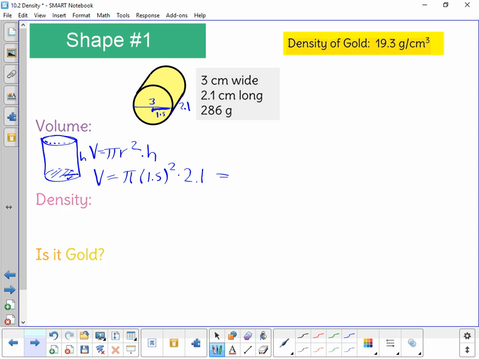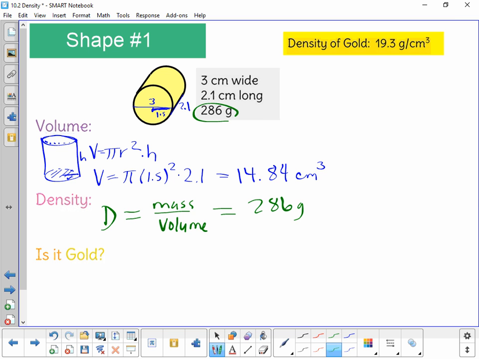It is about 14.84 centimeters cubed. So to calculate the density is the mass over the volume. The mass was given to us, 286 grams, and the volume we just calculated, 14.84 centimeters cubed.